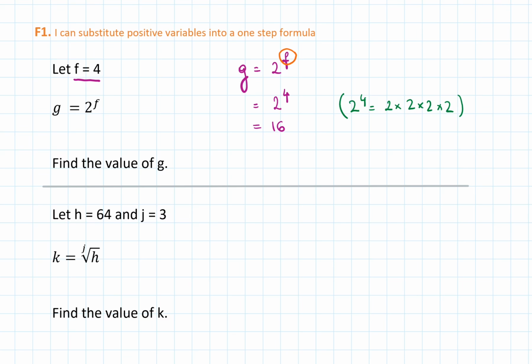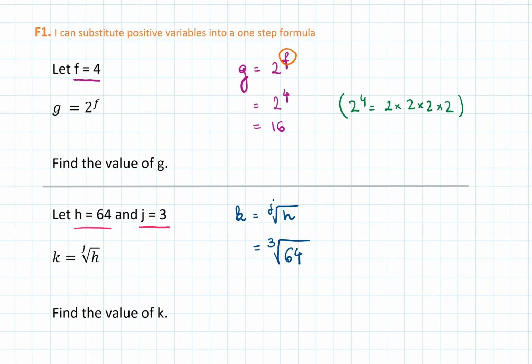Lastly, we have a formula where there are 2 separate variables. The formula goes like this: k equals the j-th root of h. We have to substitute 3 in the place of j and 64 in the place of h. Let's do that. k equals the third root of 64.